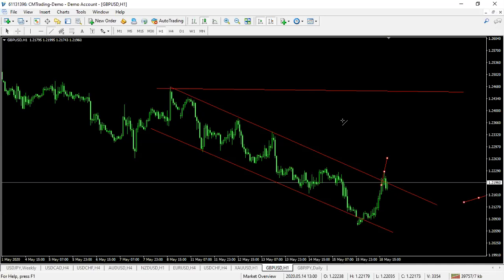Okay. So we would be expecting a retracement. Okay. So our retracement has a few options.